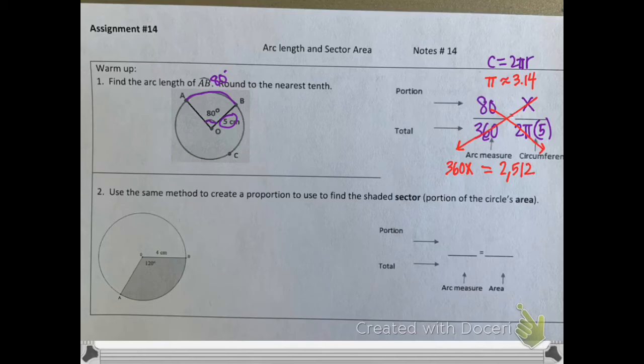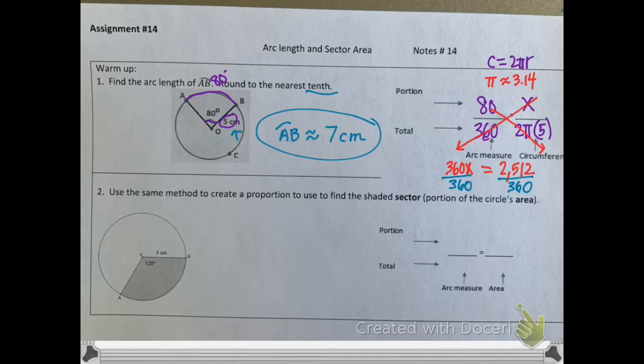One last step to isolate the x, we're going to divide both sides by 360. And again, we're rounding to the nearest tenth, so the length of AB is approximately 6.97, so if you round that up, that would be 7, and the units is centimeters because the radius was in centimeters, so approximately 7 centimeters.